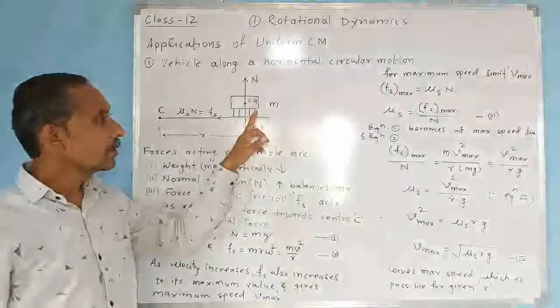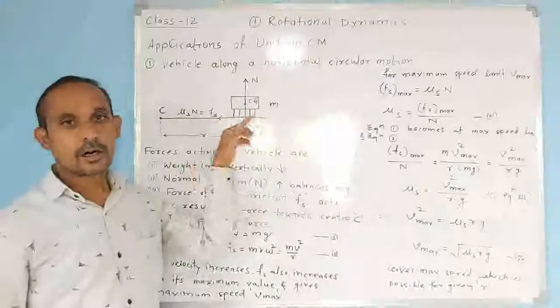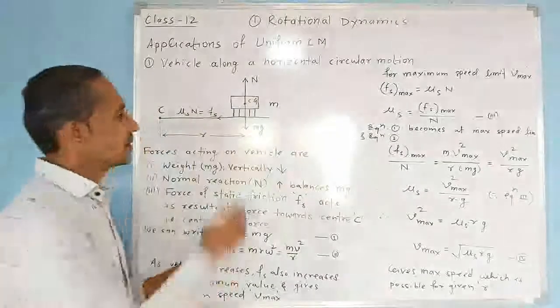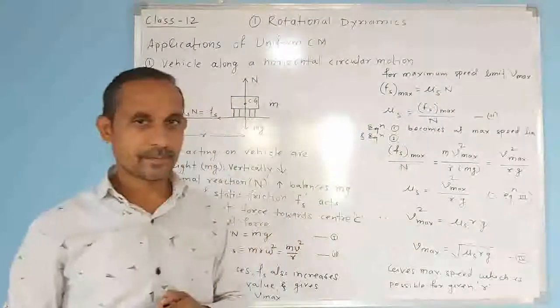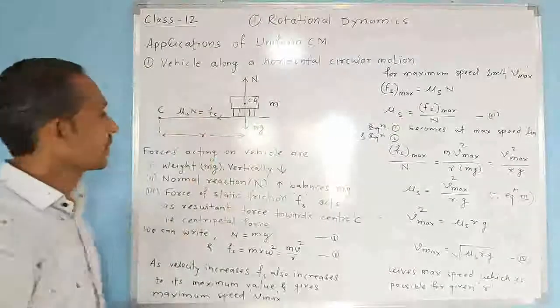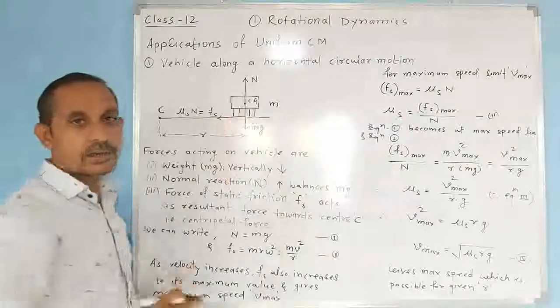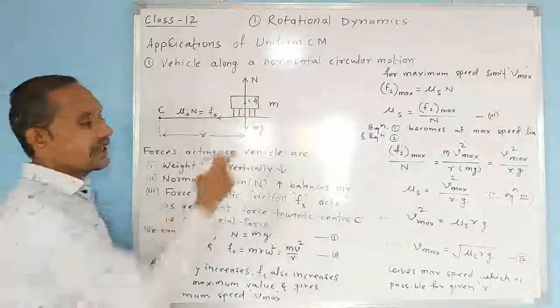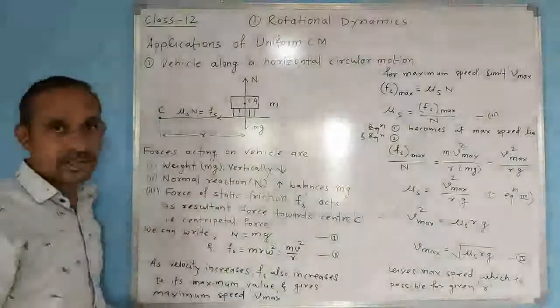So while moving along this circular track, this vehicle is acted upon by three basic forces. This vehicle undergoes three forces, or this vehicle is acted upon by three different forces.